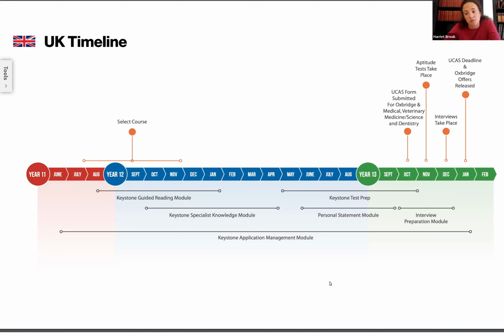So yes, but some schools would ideally prefer you to have completed your UCAS application prior to the Christmas break, because why leave it hanging over the holiday when you can submit it? A lot of people will submit in November, so as soon as the universities receive that, you might be able to receive offers. So there's no harm in doing that. But in answer to your question, you wouldn't need to panic.